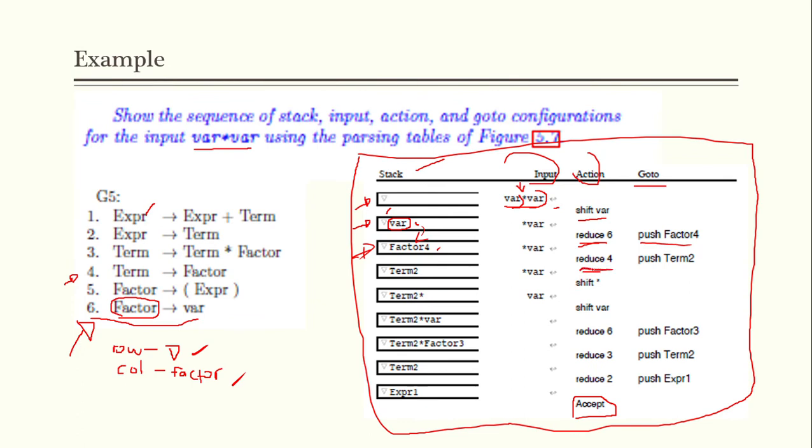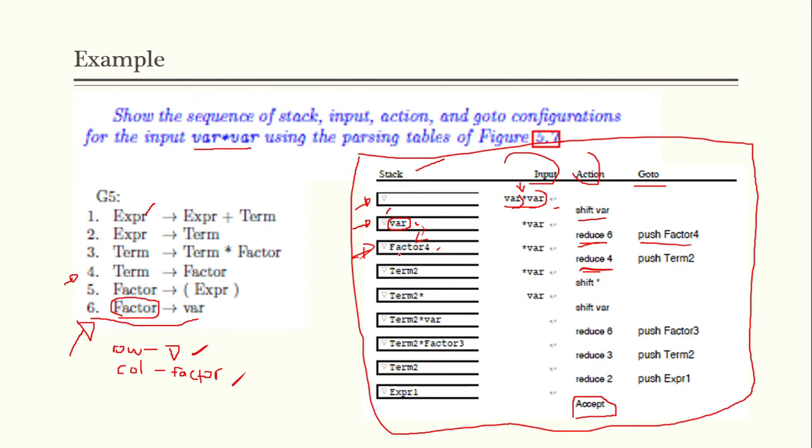Now it is a reduce, so you have to do the goto. For goto, you need to indicate what would be the row and column. First, reduce 4 means that it is from rule number 4. Rule number 4 says that term goes to factor.